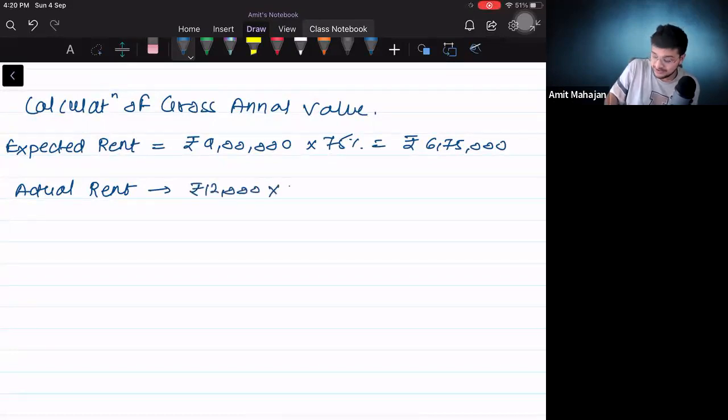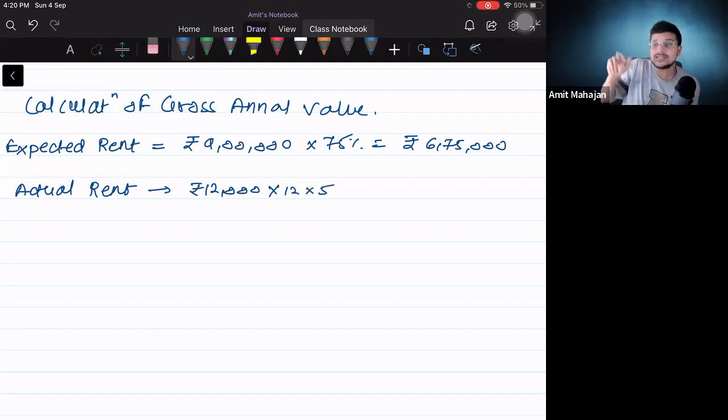So 12,000 per month was the rent, that's why multiplying by 12 gives the per year figure, and there were 5 such properties. Why not 6?